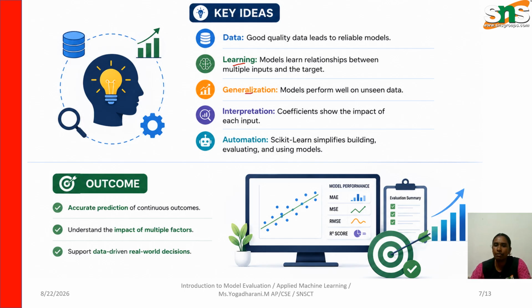Interpretation means coefficients show the impact of each input. Further, you have to calculate the loss function, which is the actual value minus the predicted value, and then the cost function over the errors. Then automation, which may be done with the help of scikit-learn.